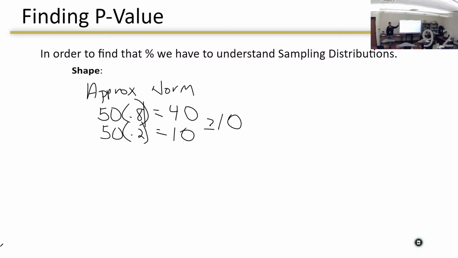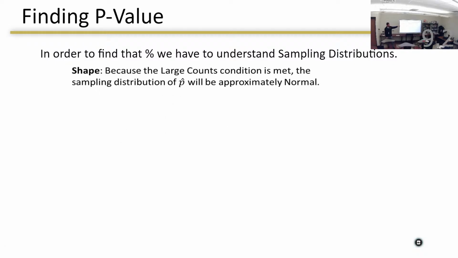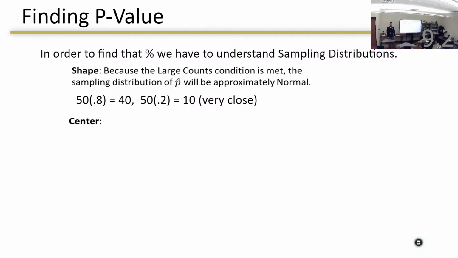So we know the sampling distribution is approximately normal. What do we know about the center? We know the center of the sampling distribution because mu of p hat equals p, which equals 0.8.